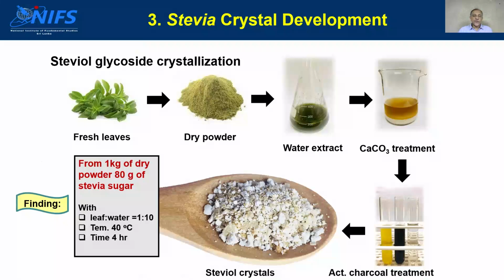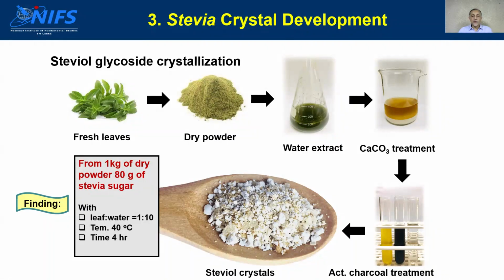Lastly, we focused our attention on recovering steviol glycoside from these leaves. As I told you, the sweetness coming from the stevia leaf is due to steviol glycoside, the active ingredient. We are subjecting these fresh leaves into dry powder, and the dry powder is then boiled with water, and we get water extracts.